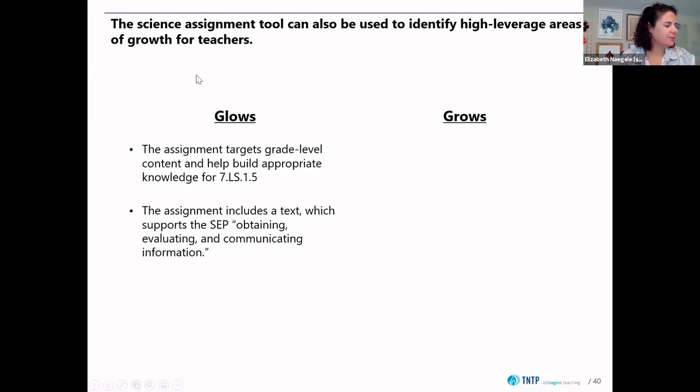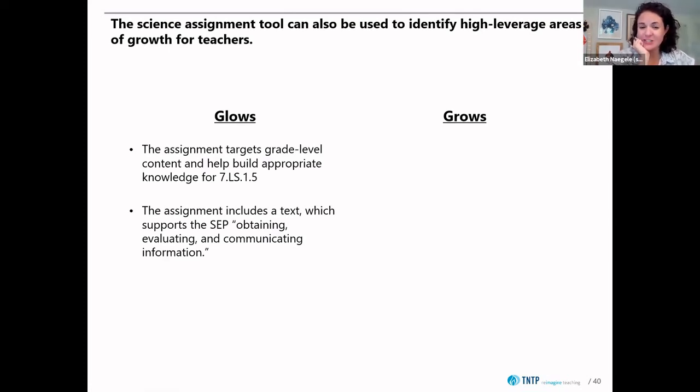Great, thanks, Brittany. That previewed my own explanation too. So thanks for helping to make sure that we are aligned on some of the strengths of this assignment. I noted that it is minimally aligned to some of the content in 7th grade. There is 7LS 1.5, I think, which is about the body systems.